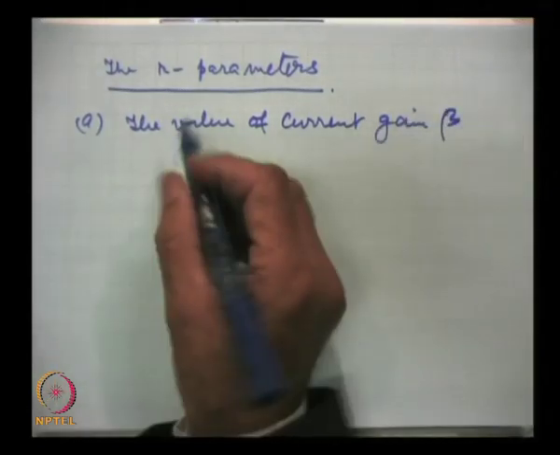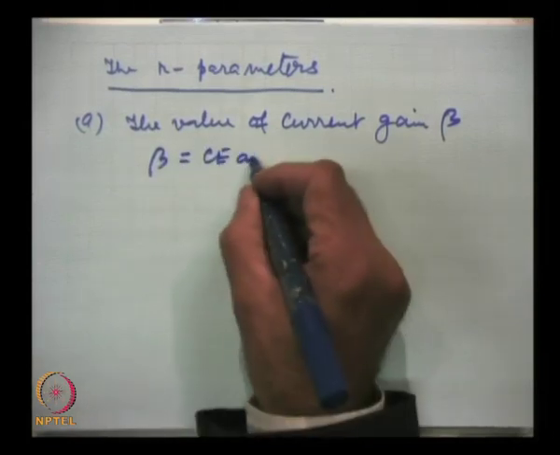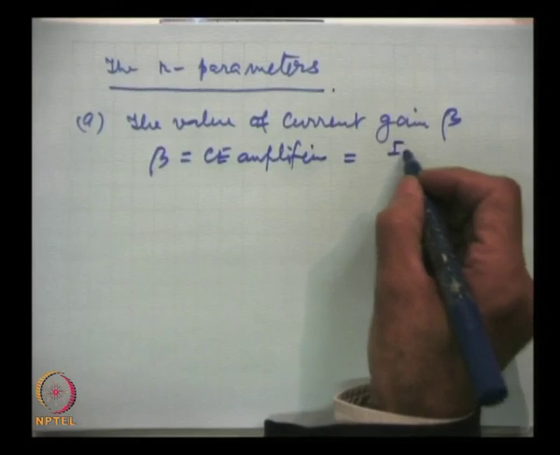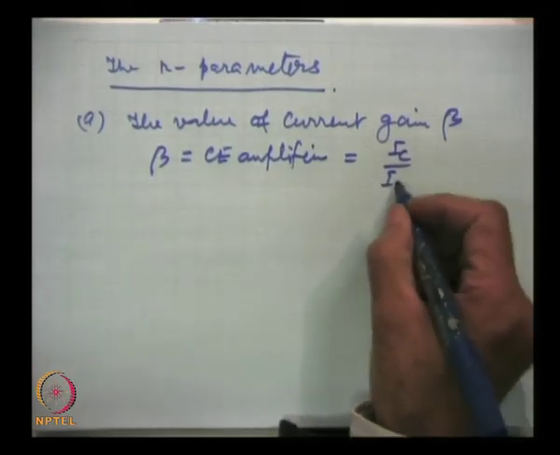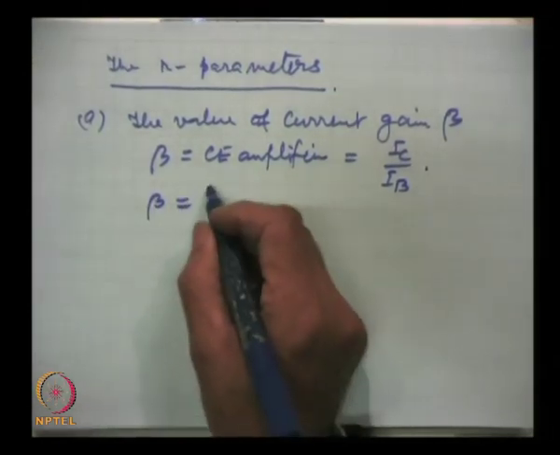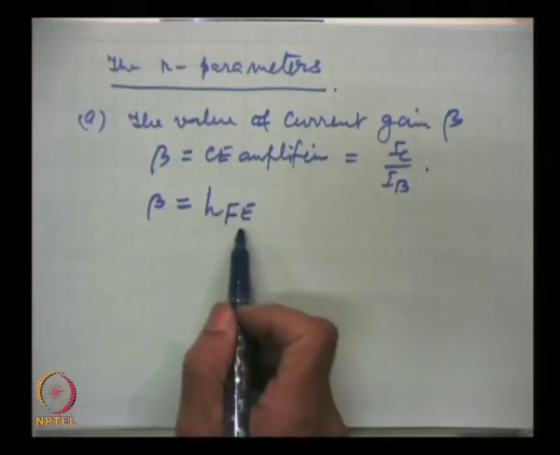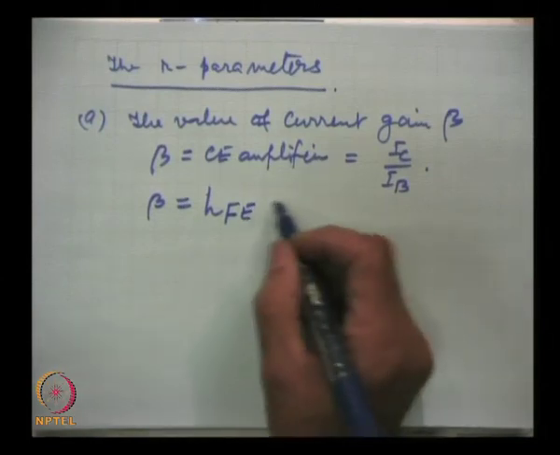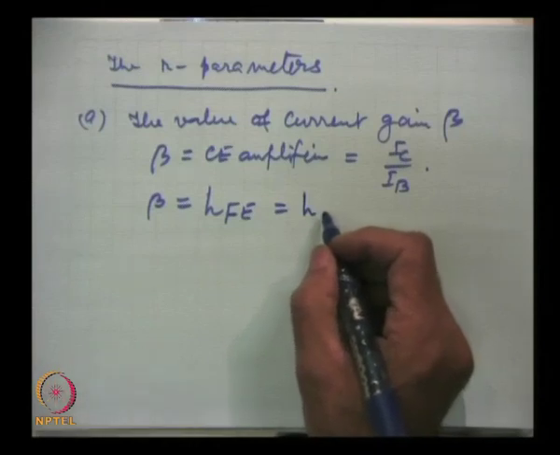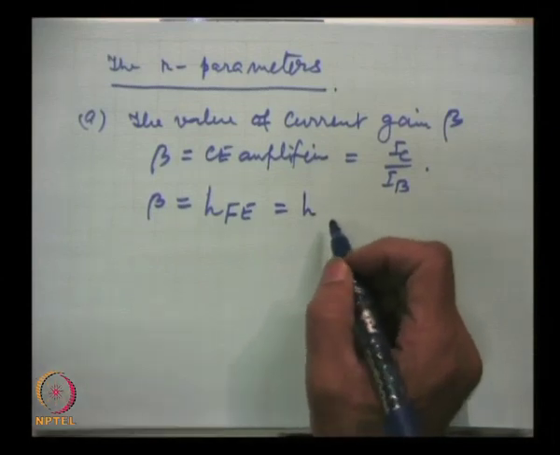You remember beta we defined for CE amplifier, and this was the ratio of the output current to the input current, and this beta is same as in H parameters the forward current gain, HFE, or sometimes this is for DC, and as I said, DC and AC current gains do not differ significantly, hardly a difference of 1 or 2%.